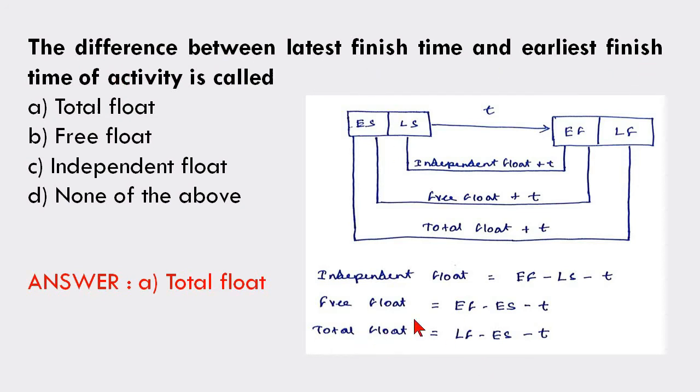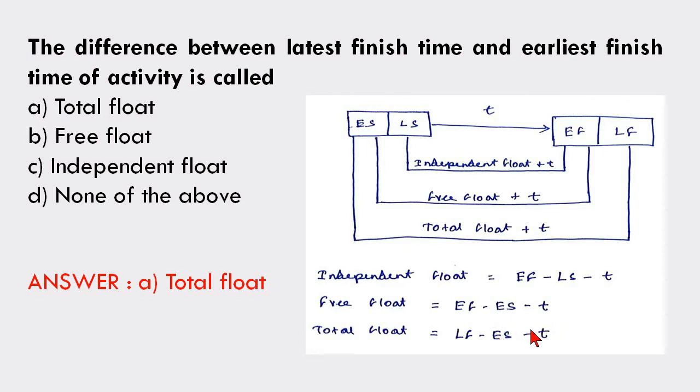So in this equation, there is no earliest finish, right? Instead of ES, you can write EF minus T, that is earliest finish minus activity duration, which gives earliest start.